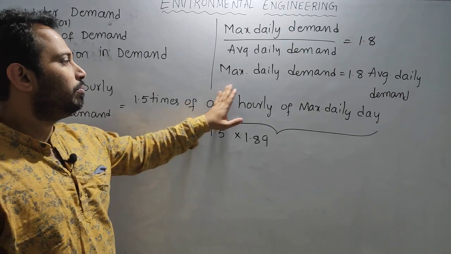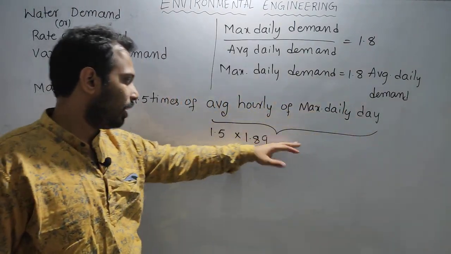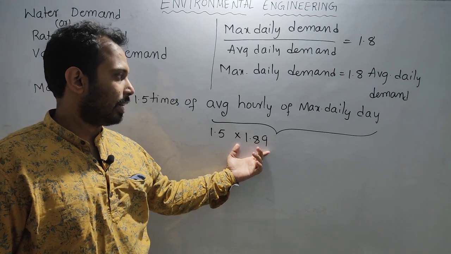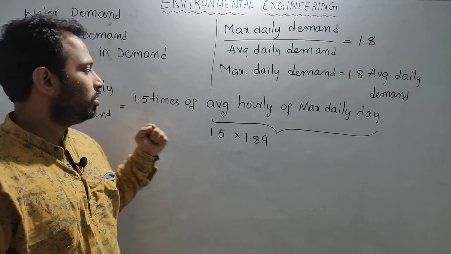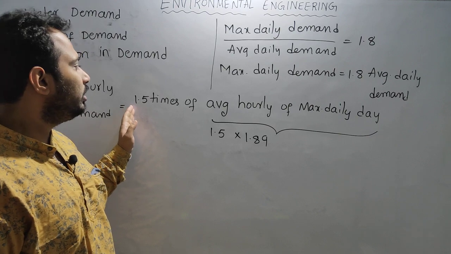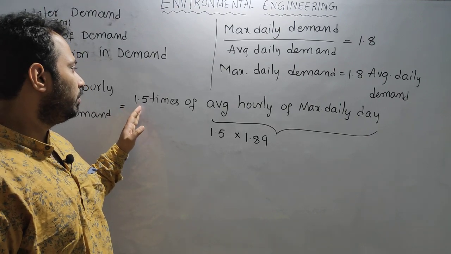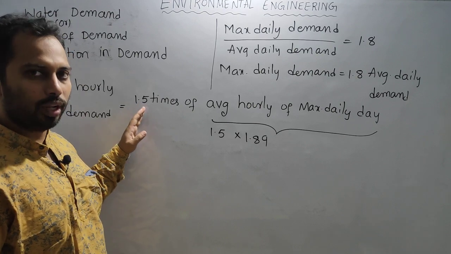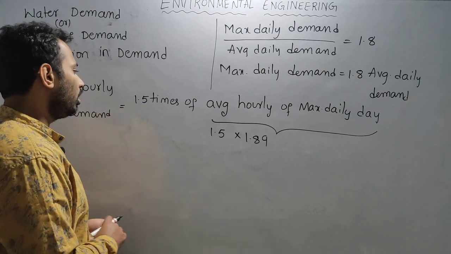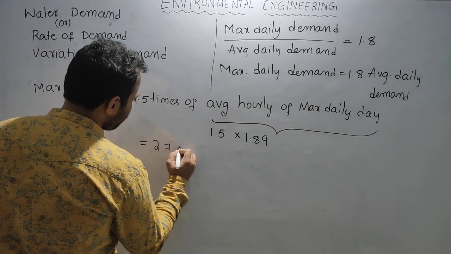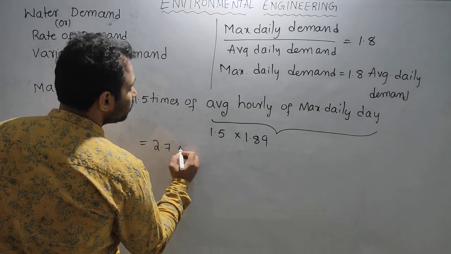So the average hourly of maximum daily is 1.8 Q, and this is the additional factor of safety. Now it becomes 2.7 Q.